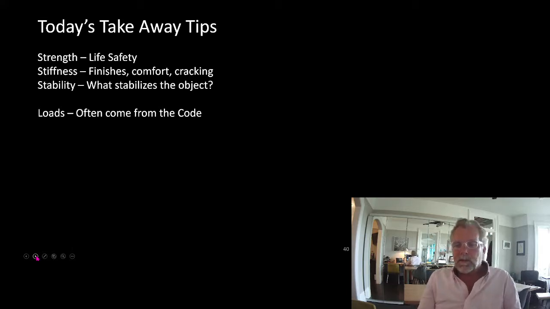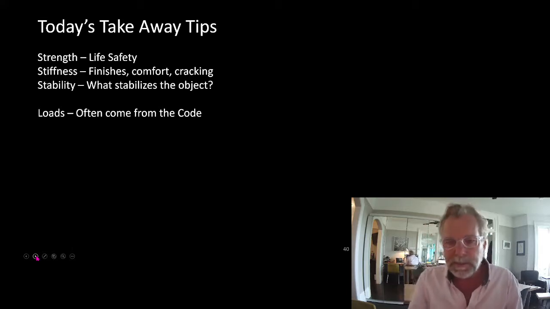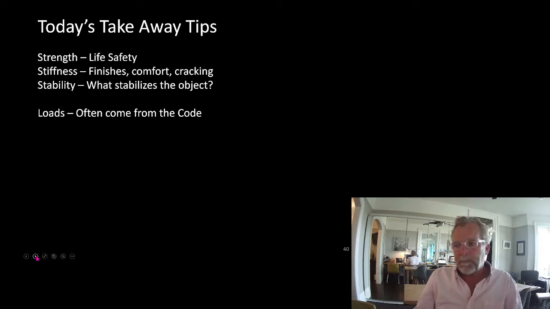Okay, so let's think about our takeaway tips from today's lecture. Structures are governed by strength, stiffness, and stability. Strength relates to non-recoverable movement. So that could be fracture, it could actually break, it could just bend permanently. Those are strength failures.